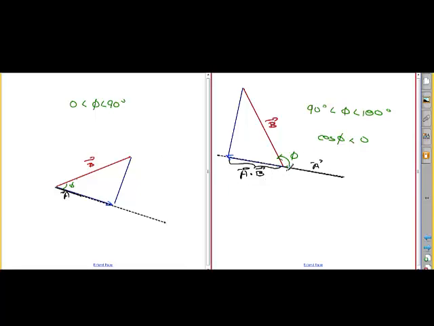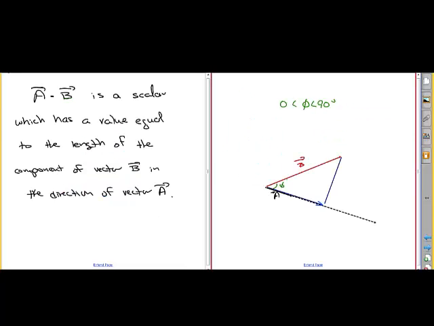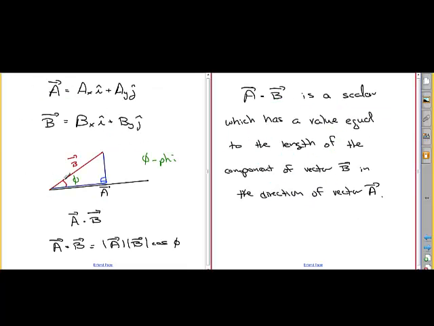You could measure the angle all the way around here, but you always measure the angle so that it's either between 0 and 90 or 90 and 180. So again, here, this is the smallest angle between these two vectors. This angle here, going all the way around, is also valid as far as geometry is concerned, but if this was 30, I wouldn't use 330, even though that is an angle between those two vectors.